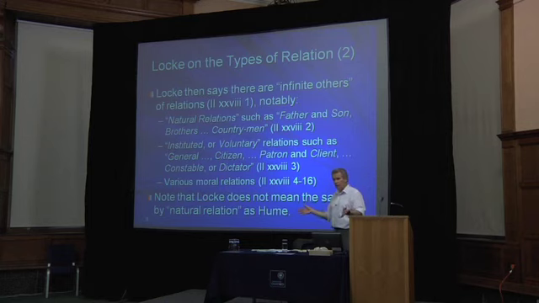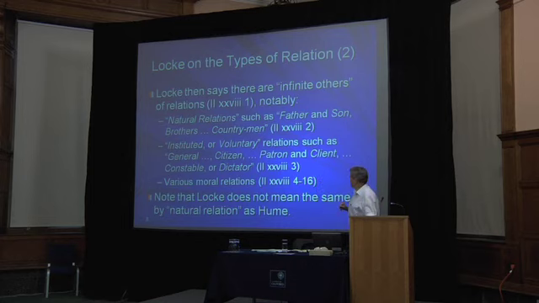After having gone through those, Locke says, well, there are infinite other relations. For example, there are natural relations. Now, notice that when Locke talks about a natural relation, this is different from what Hume means. When Hume talks about a natural relation, he means a relation by which things are naturally associated in the mind.